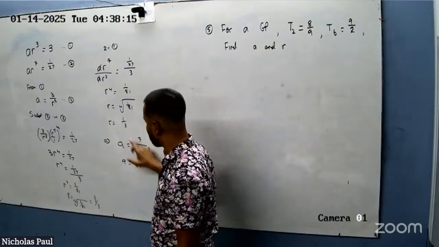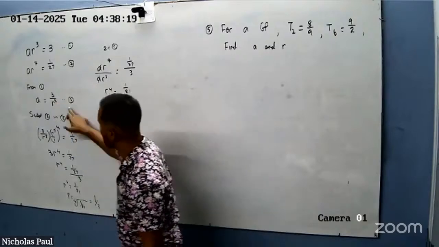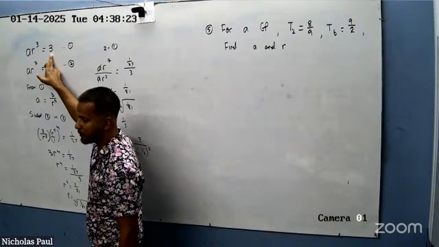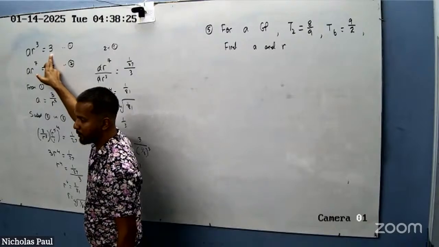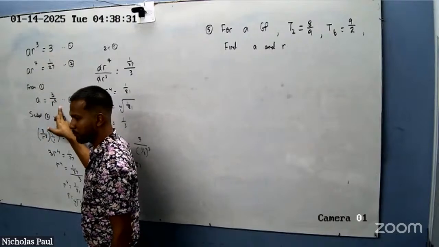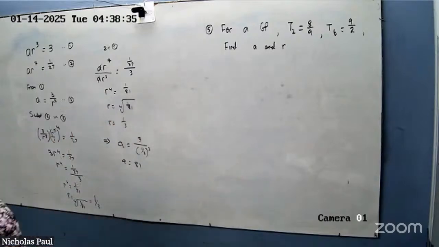There's R. I got this from this. Make A the subject here. What do you get? Make A the subject here. What do you get? Right. Just tell me what you have now.